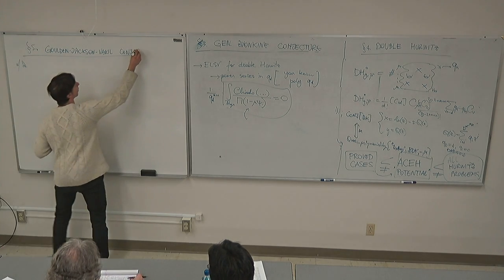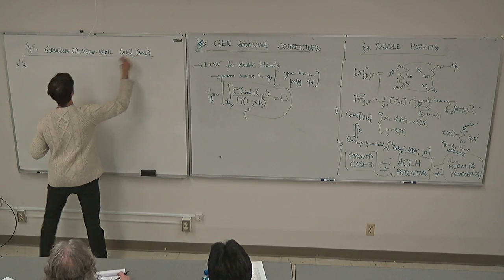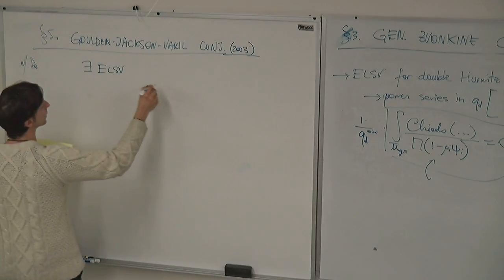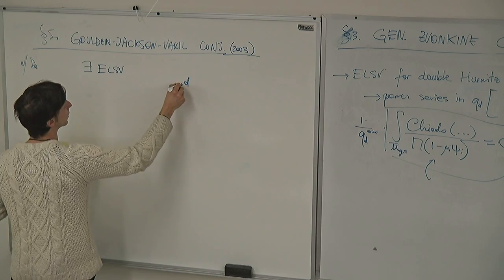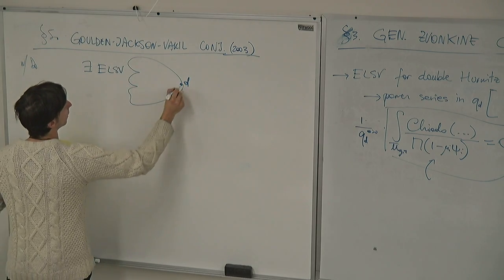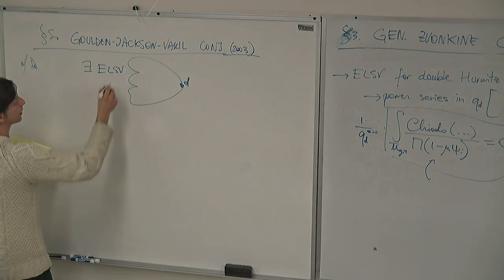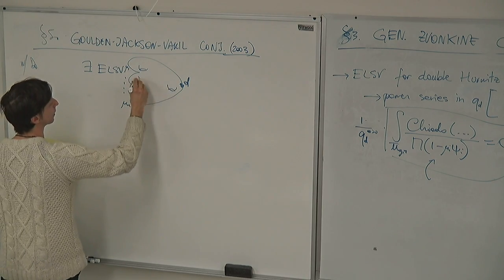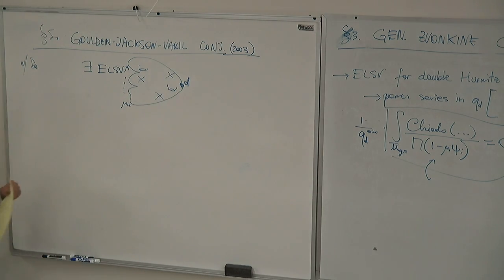In 2003, I think, they conjectured an ELSV formula for these numbers over here, where you have total ramification, mu_1 to mu_n, some genus, and simple ramifications.